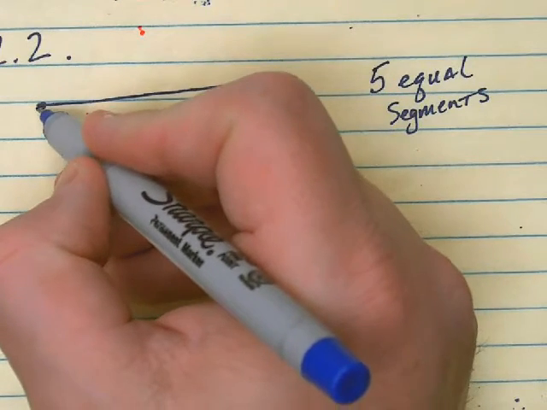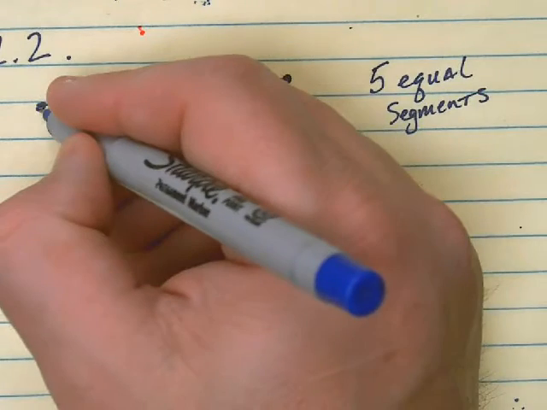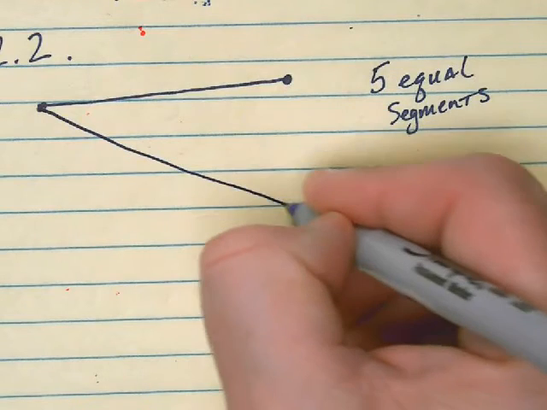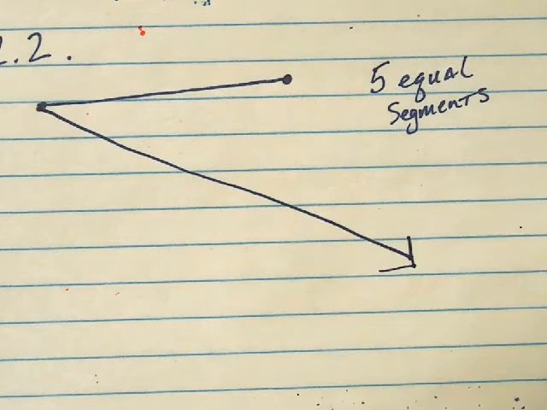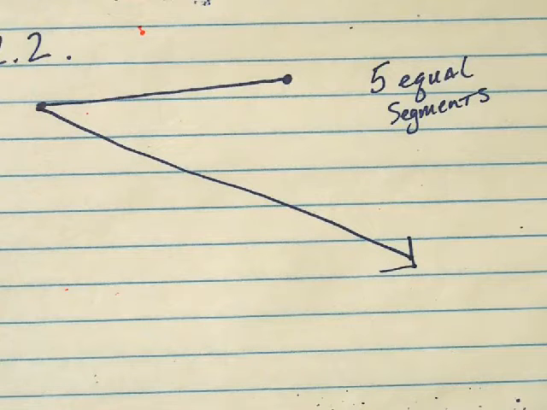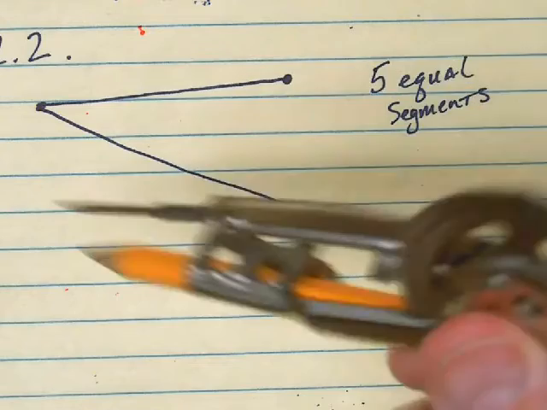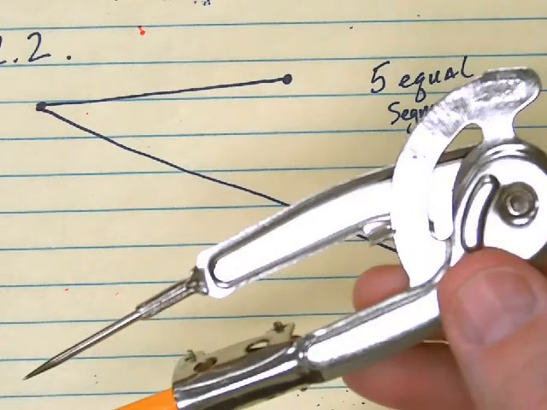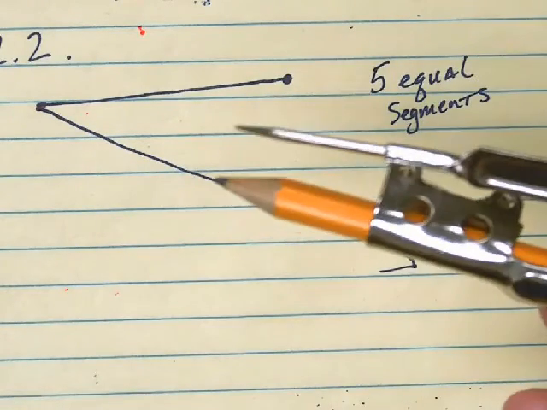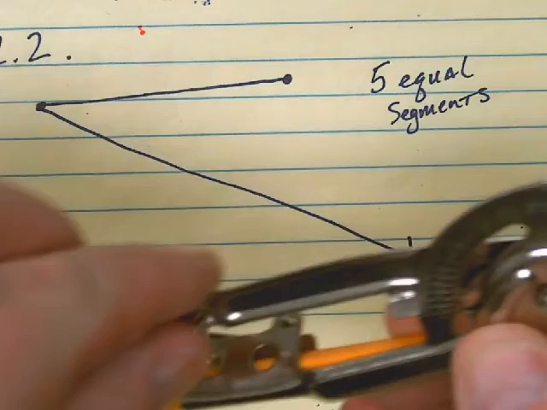I'm going to create a ray down there that intersects with one of the endpoints. Does not matter which one. And then, my gosh, we haven't touched one of these in a long time. I'm going to use my compass, and I'm going to have a random width. Does not matter the width of my compass.